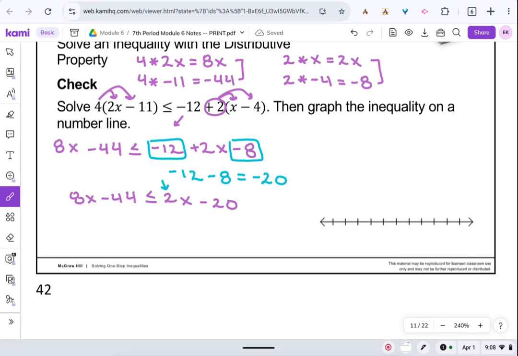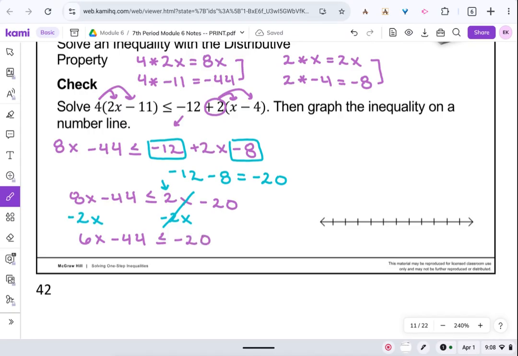So since this is a positive 2x, in order to get rid of it on that side, I need to subtract it from itself, and then I'm going to stack it underneath the 8x. So these are going to cancel. On the left, I've got 8x minus 2x, which is 6x, minus 44, less than or equal to negative 20.